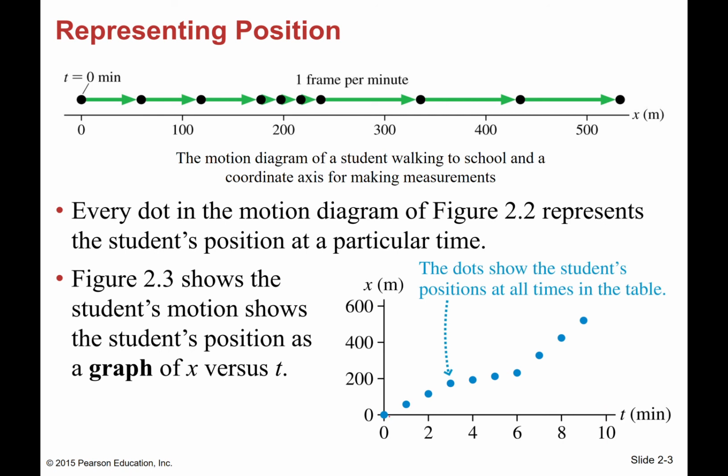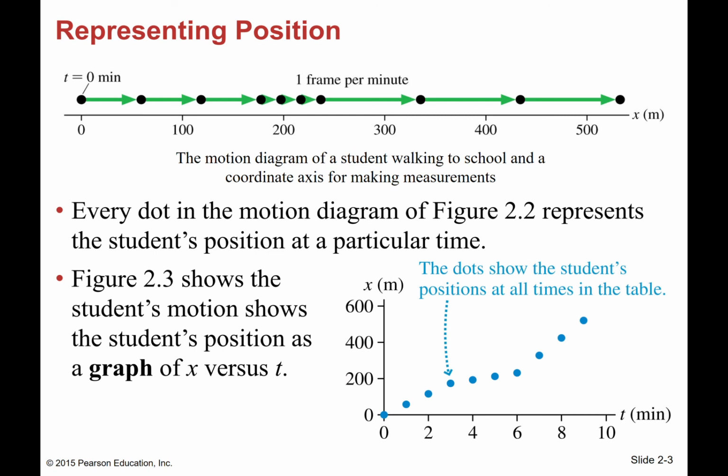Well, now we will have a horizontal axis, which is now a time axis with units of minutes: 2 minutes, 4 minutes, 6 minutes, 8 minutes, 10 minutes. And on the vertical axis, we'll have the position: 200 meters, 400 meters, 600 meters.